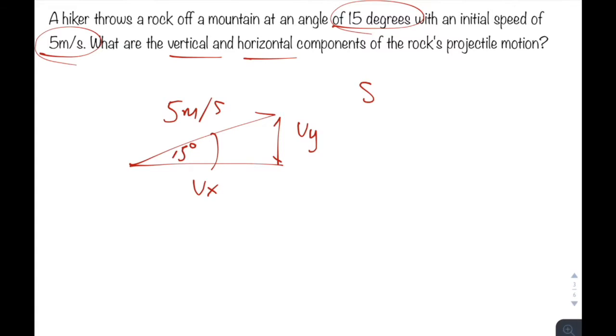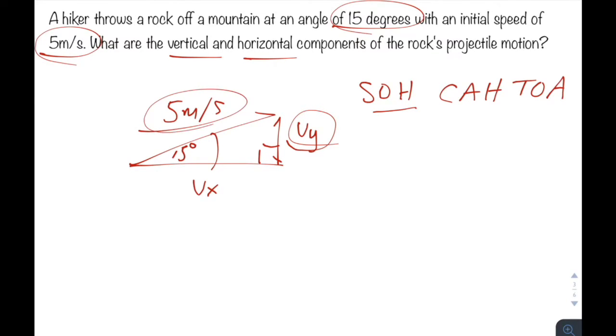So this is where we're going to use our trigonometry, and we've got this little mnemonic, SOHCAHTOA. If we wanted to use SOH, we'd be solving for the opposite leg of this right triangle, so we'd be solving for the vertical component of the initial velocity.